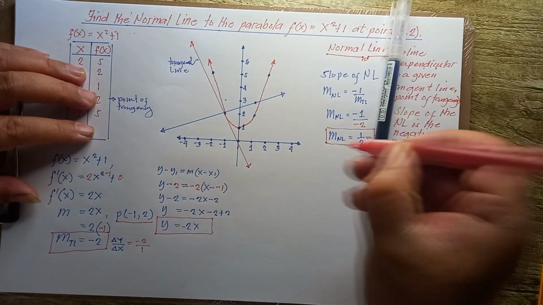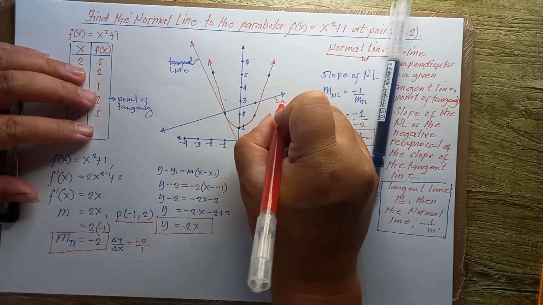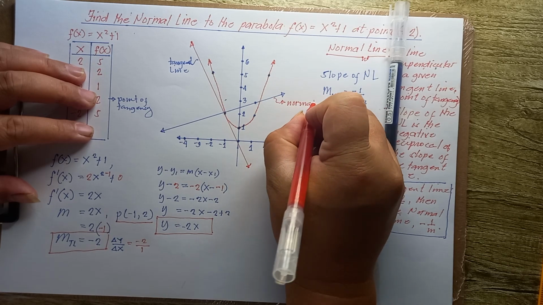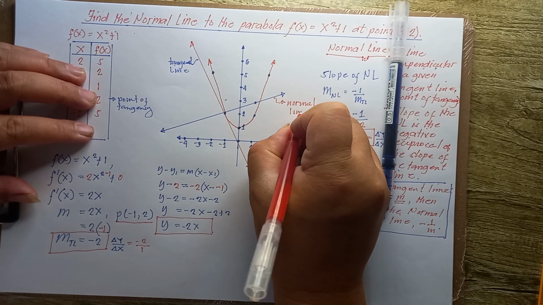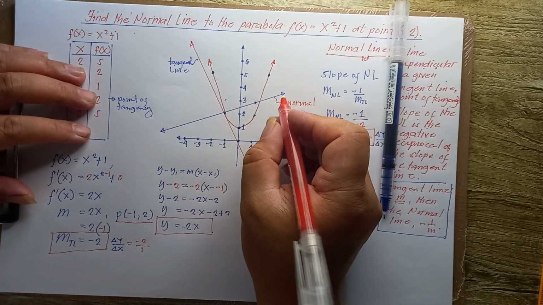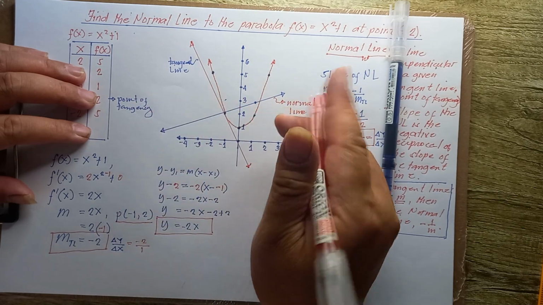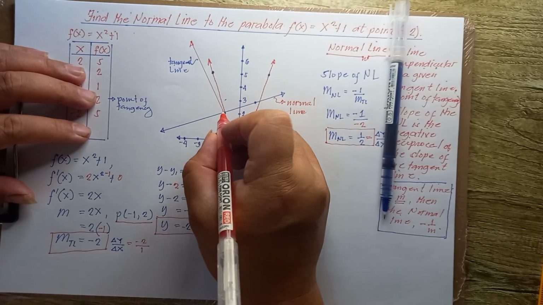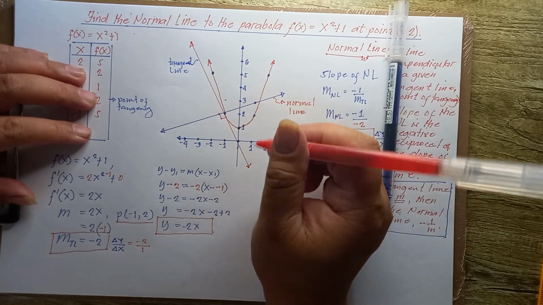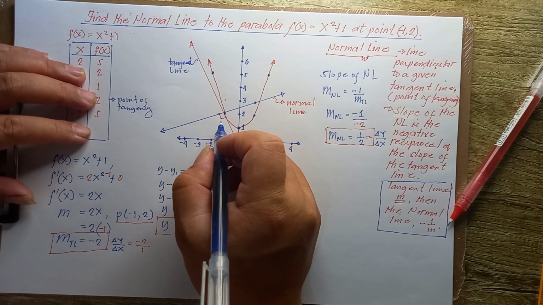The blue line now is the normal line. Okay, normal line. You will notice they are perpendicular to the tangent line, meaning to say they create an angle which measures 90 degrees.